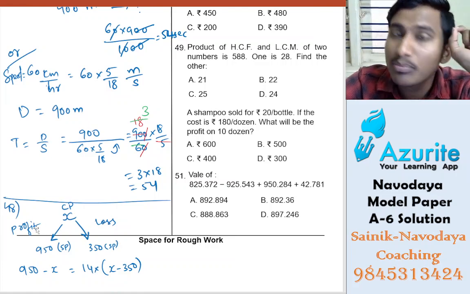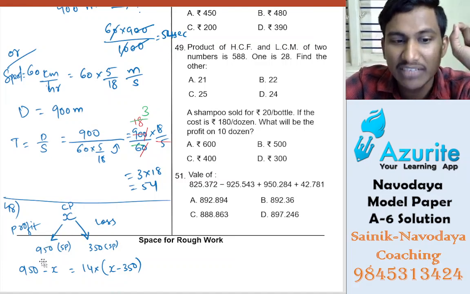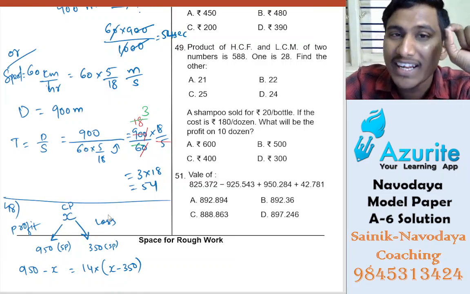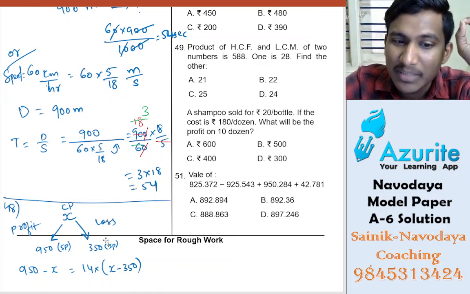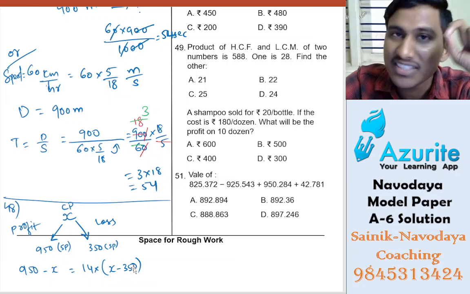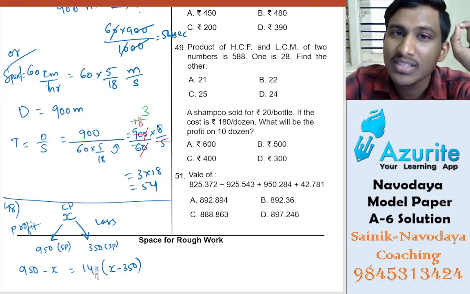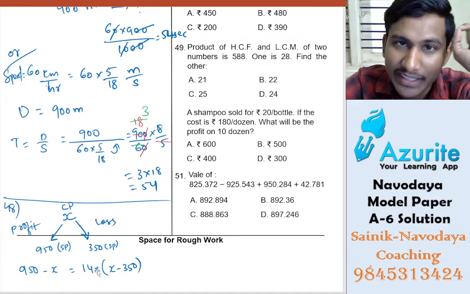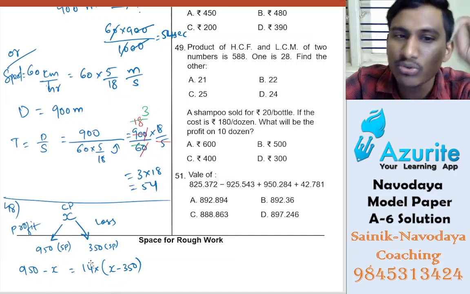How do you find the profit? Profit is selling price minus cost price. So 950 minus x. And when it is sold at a loss, how do you find it? Cost price minus selling price: x minus 350. So it is 14 times the loss, right? So this equation we have to solve.